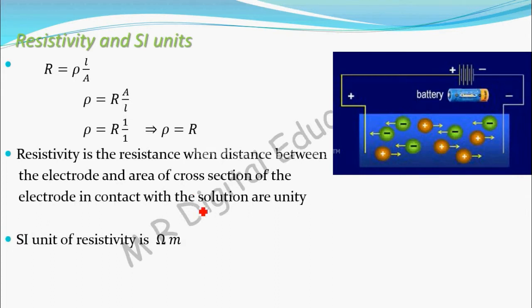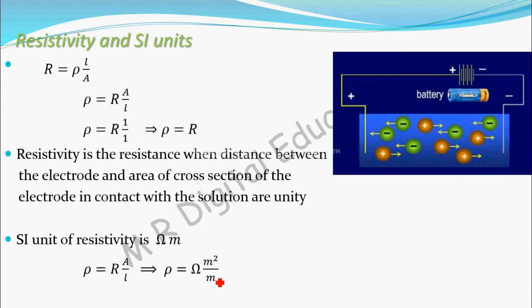Let's see now what its unit is. SI unit of resistivity is ohm meter. Let's see how it comes. You know rho equals R into A by L. Here the unit of R is ohm and the unit of area is length into length, so meter square.